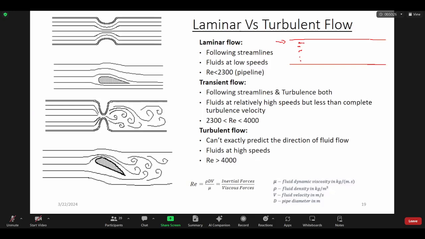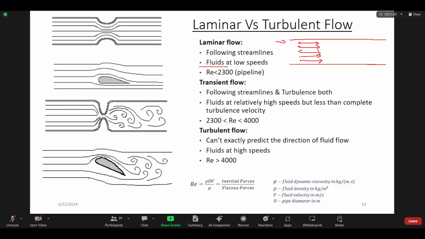Then these particles should move in a very straight way. This is what we call laminar flow.